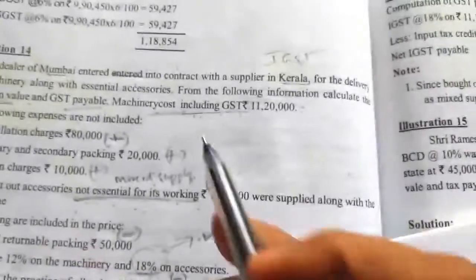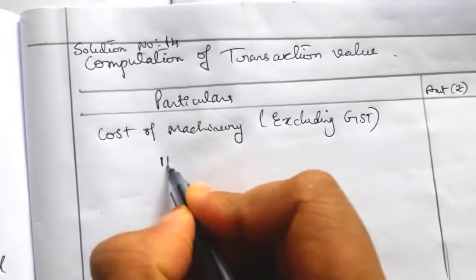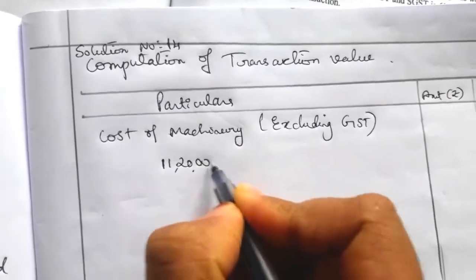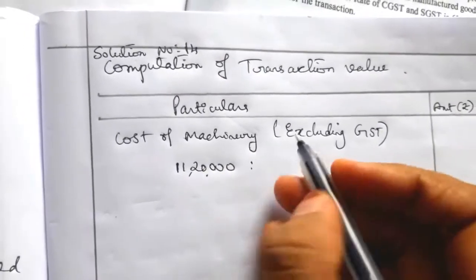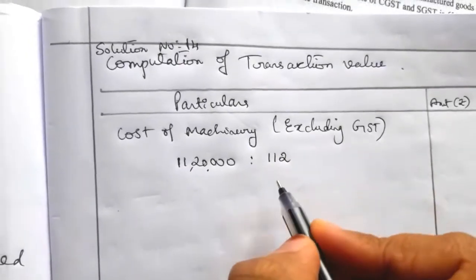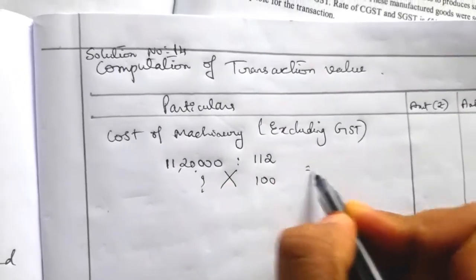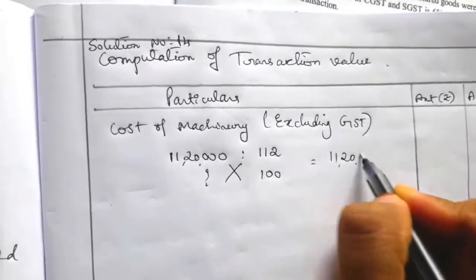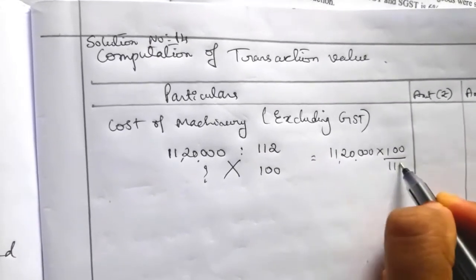In this question they have given 11,20,000 including GST, that is for 112. So for 100 how much, we have to do cross multiplication: 11,20,000 into 100 divided by 112.